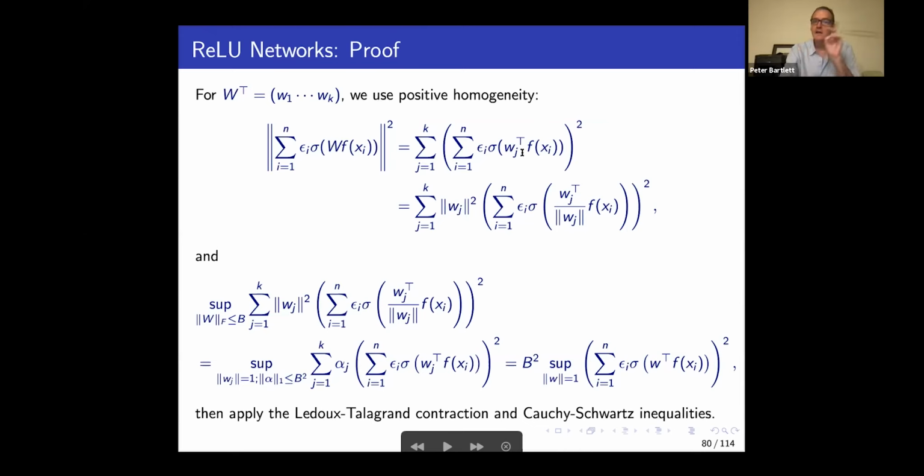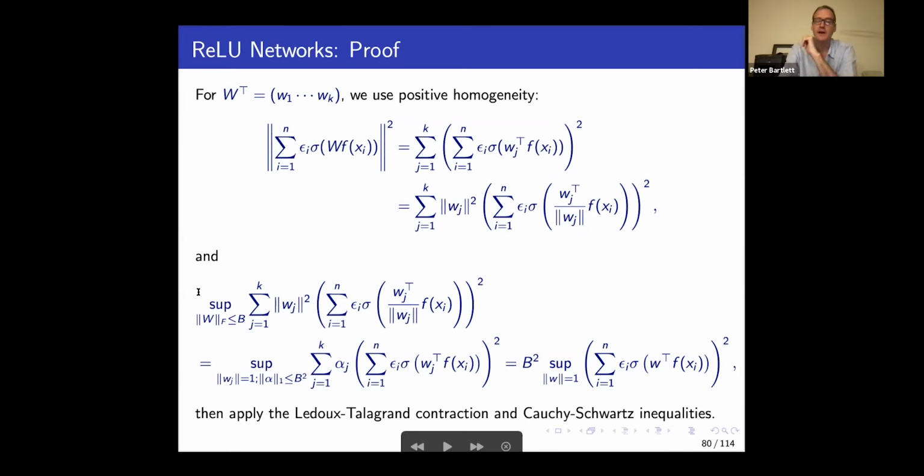of these components squared, and now we can use the positive homogeneity property, because this Wj vector, the jth row of our matrix, we can scale down by the norm of that jth row and throw the norm outside the ReLU nonlinearity. It's inside a square, so we get the norm squared. So pushing it through means we're considering something that has unit norm and takes a linear combination of our inputs.